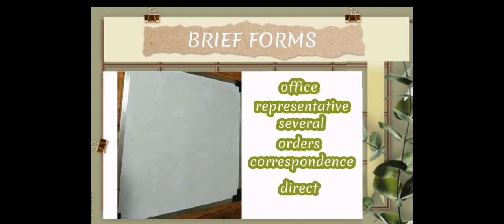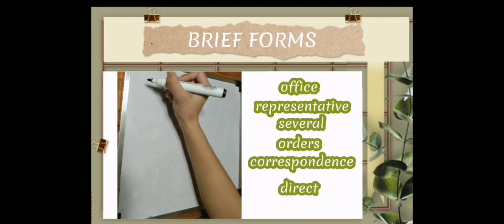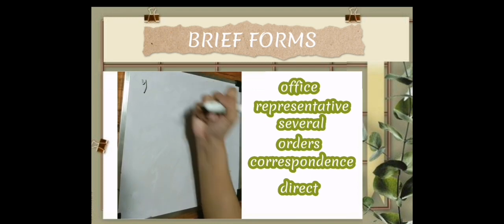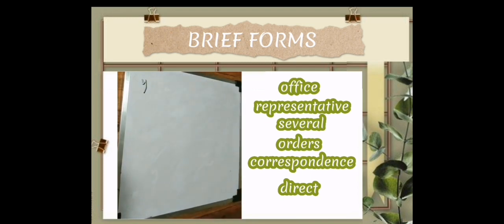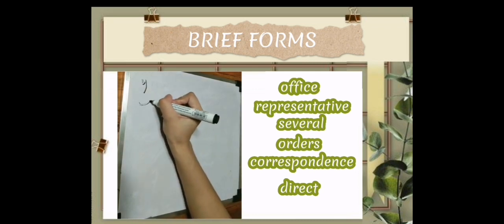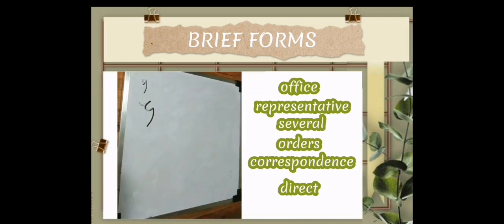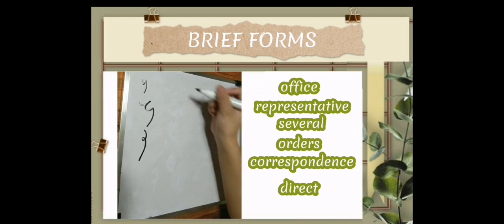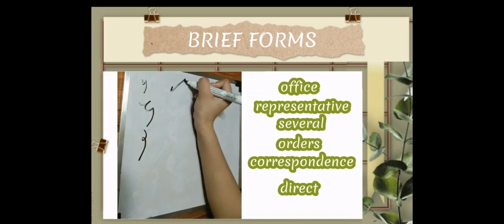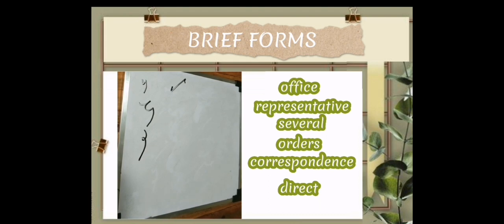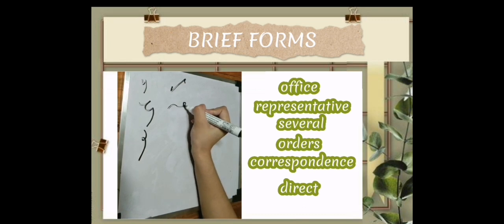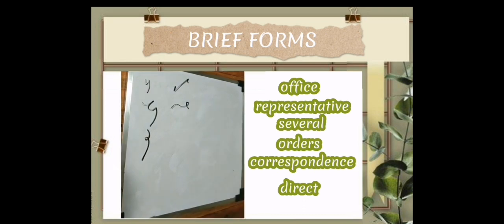We have our six brief forms. Let's start with office. Next is representative. Next is several. Next is orders. Next is correspondence. Next is direct.